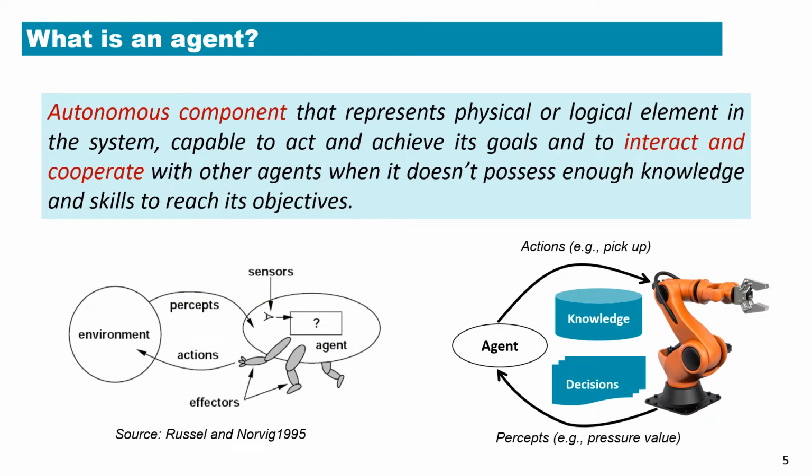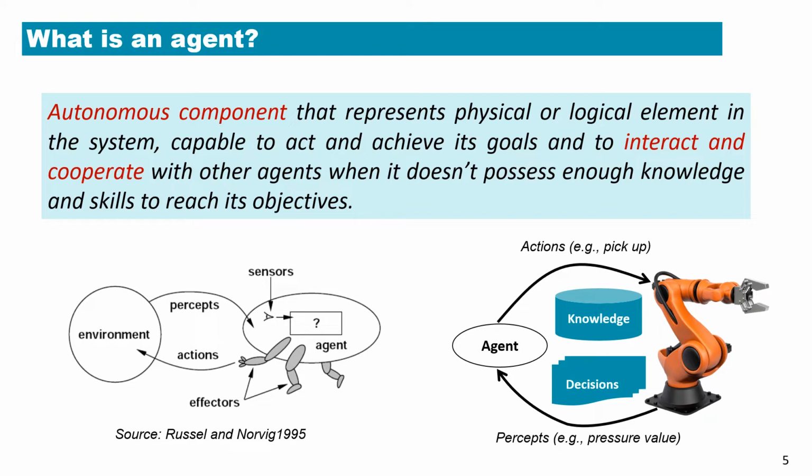From our perspective, an agent is an autonomous component that represents a physical or logical element in the system, and this element is capable of acting and achieving its goals and of course interacting and cooperating with other agents if it doesn't possess enough knowledge and skill to reach its objective.